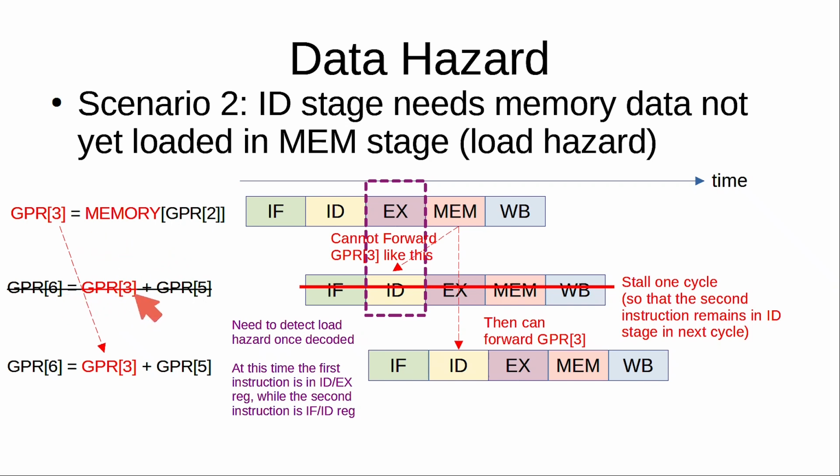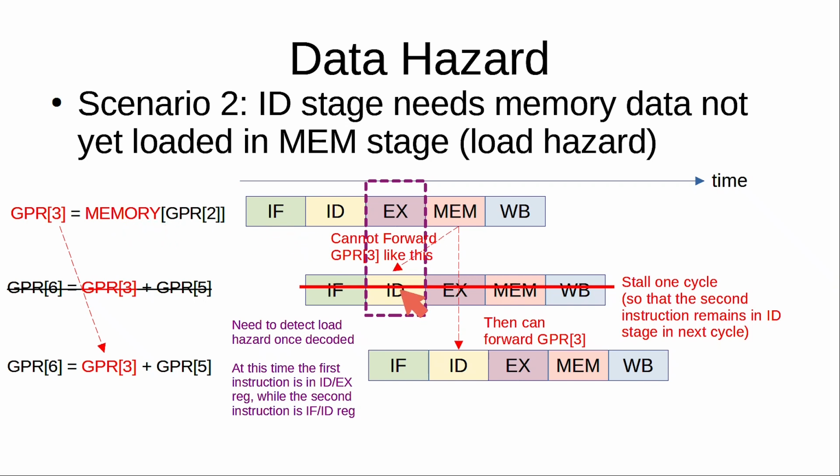In the second instruction, let's say when it is in the instruction decode stage, it is requiring GPR3. And this GPR3 comes from the first instruction. Where does this GPR3 come from? It comes from the memory.